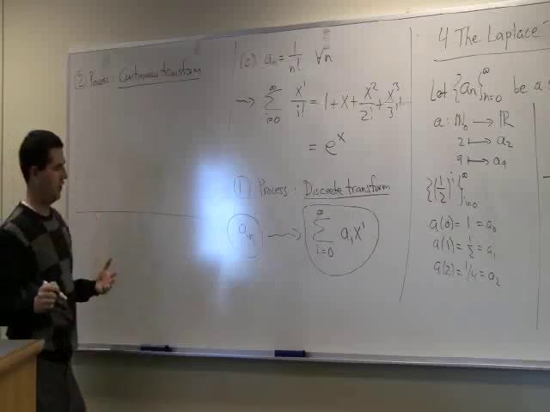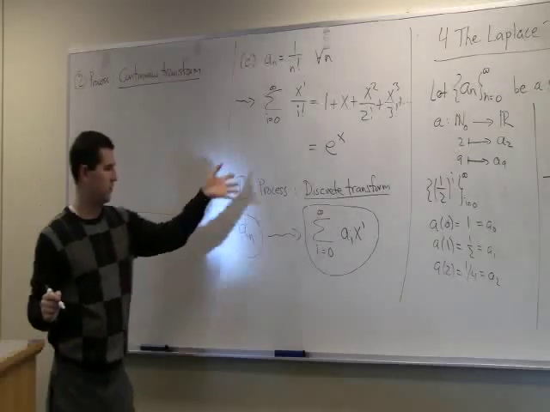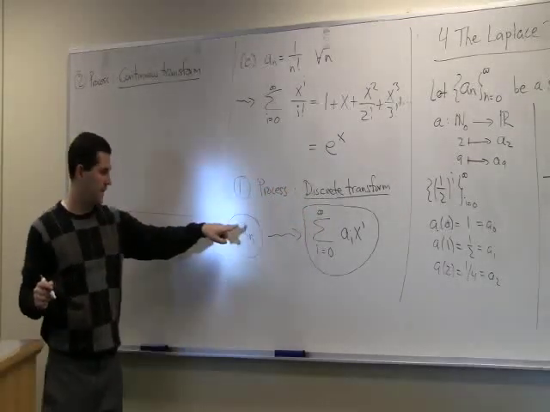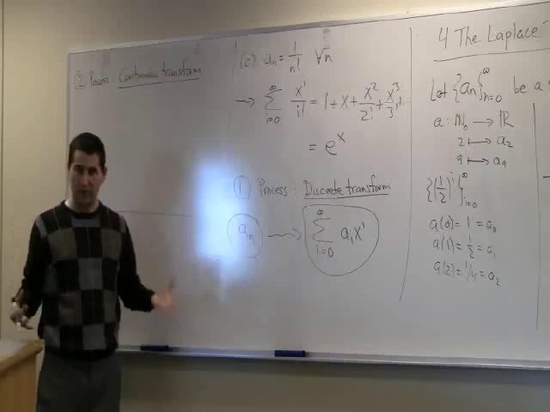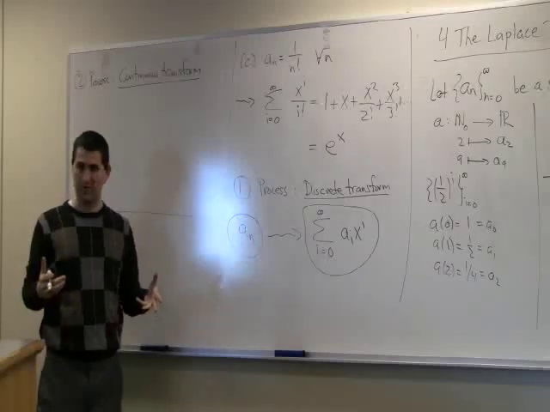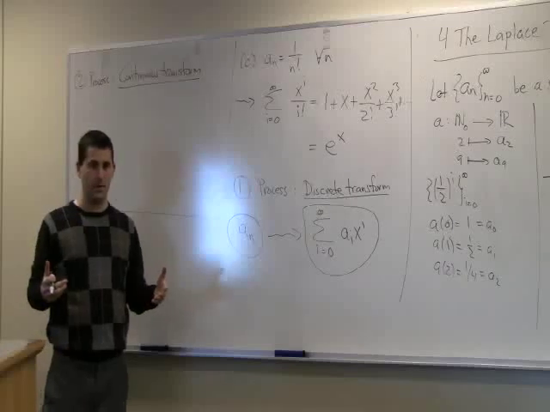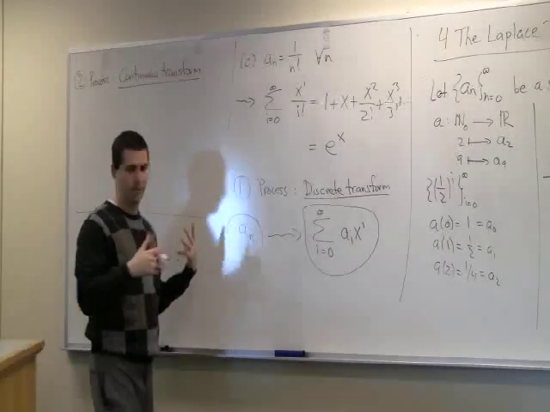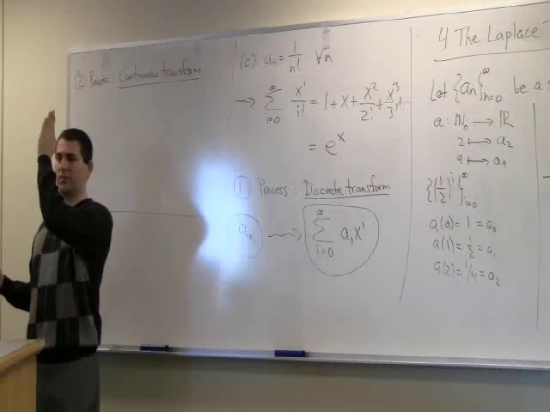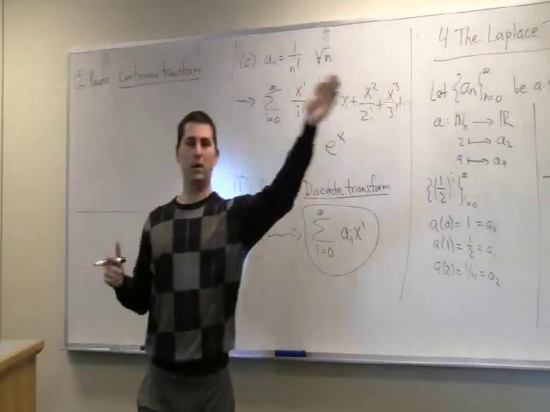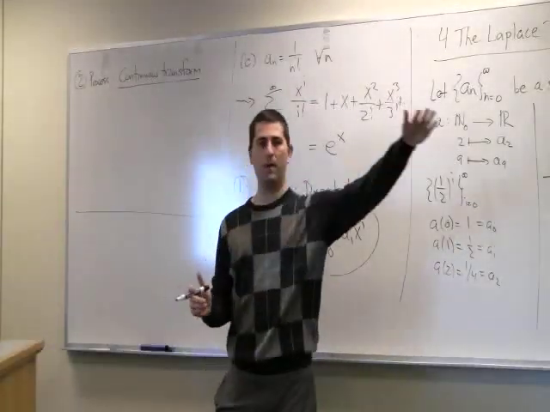So what should a continuous transform do? Well, remember the discrete transform eats a sequence, and a sequence is just a function whose inputs are the natural numbers. I want a continuous version. I don't want it to be just for here and here and here. I want it everywhere.